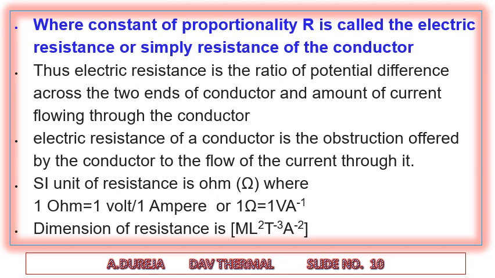Thus, from the formula, electric resistance is the ratio of potential difference across the two ends of the conductor and the amount of current flowing through the conductor. That means you can say that 1 ohm is equal to 1 volt upon 1 ampere, and the ohm symbol is denoted here.